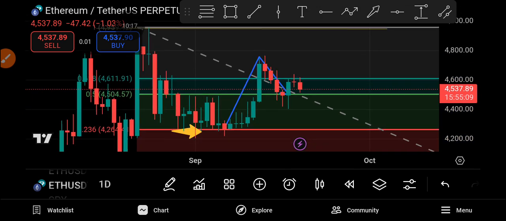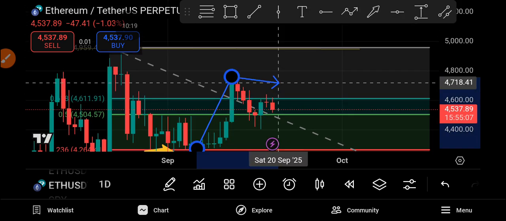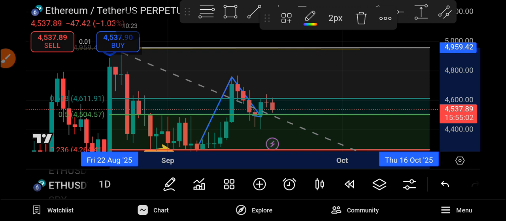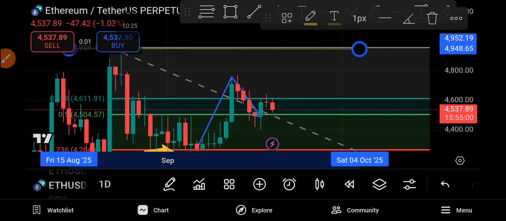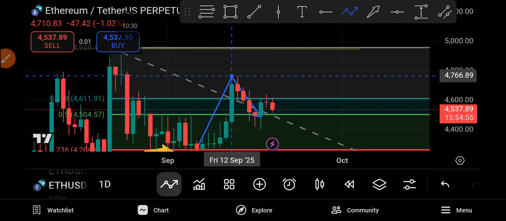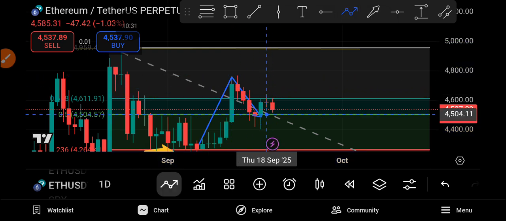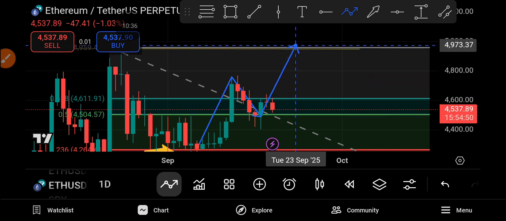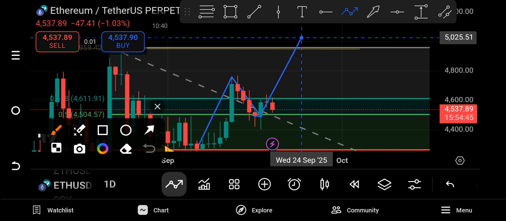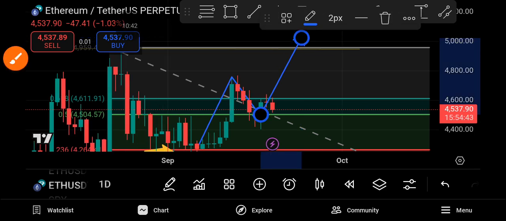It will just retrace here and go. After retracing here, it will be held, and after being held, it will just turn back like this. The market is going to move from here and break through here. It's going to break out. It will just break out that line.